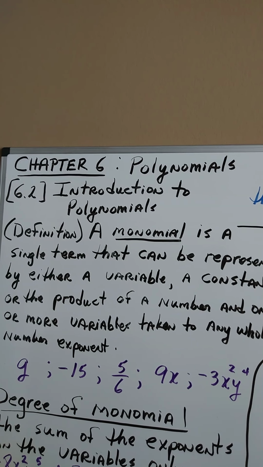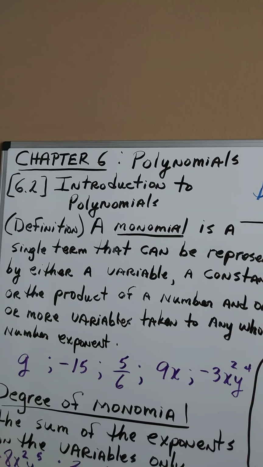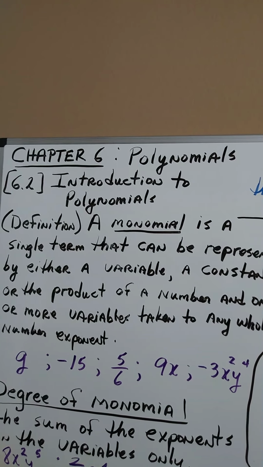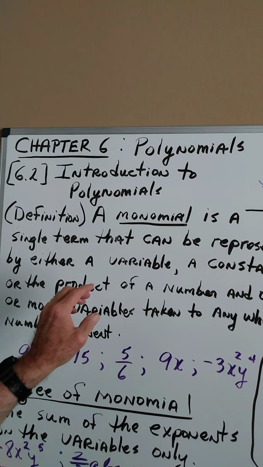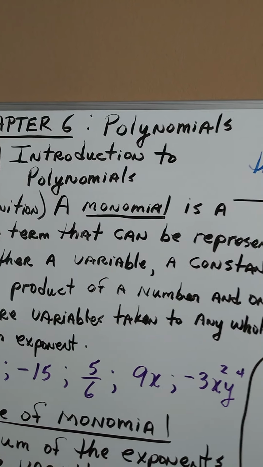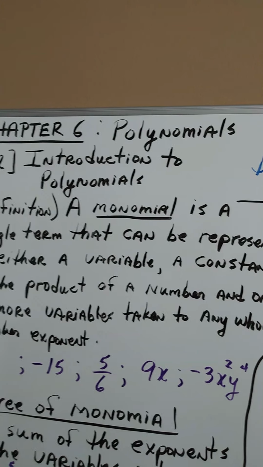We'll begin in this way. We can't define the word polynomial until we define what a polynomial consists of. A polynomial consists of monomials. So we want to define the word monomial first.